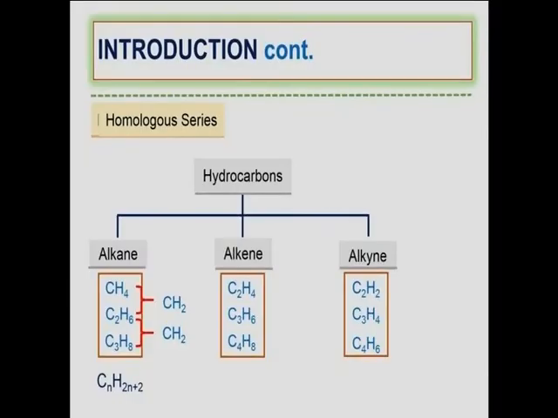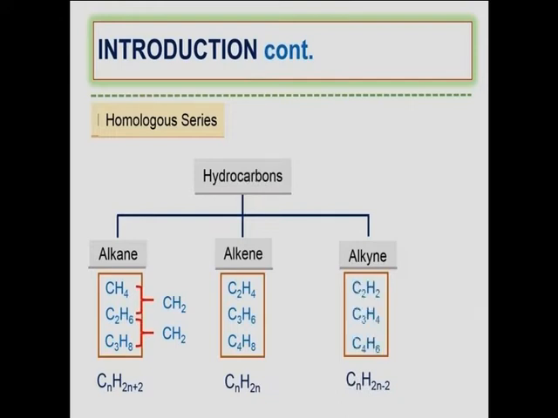The adjacent members always differ by CH2 group. And the compounds in a homologous series can be represented with a general formula. For example, all the members of alkane will have the same general formula. Likewise, we have the general formula for alkene, alkyne, and also for other homologous series like alcohol, carboxylic acid, ketones, and many more.